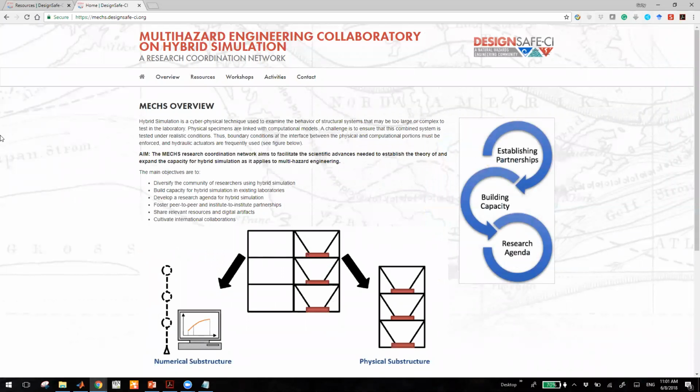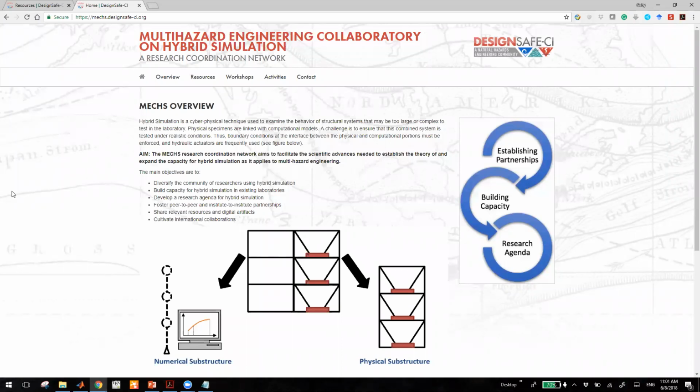It is led by Dr. Shirley Dyke at Purdue University. The aim of the MECHS coordination network is to facilitate scientific advances, to establish the theory and to expand the capacity for hybrid simulation when it applies to multi-hazard engineering.